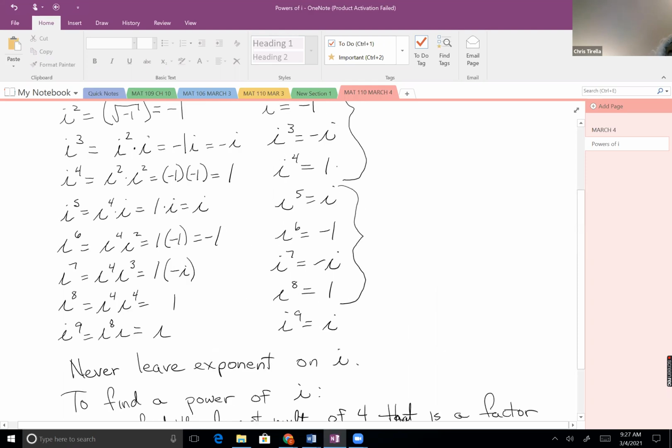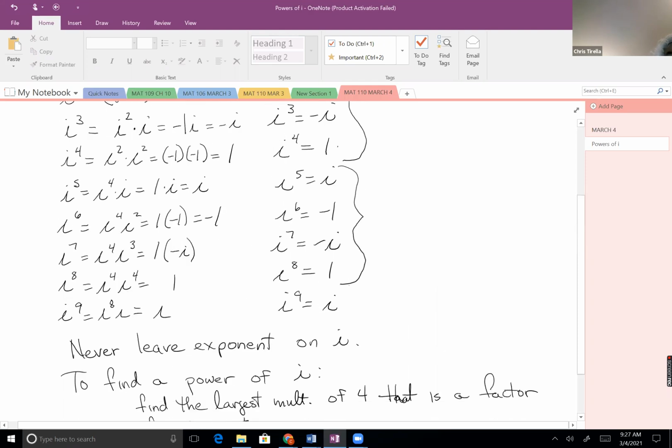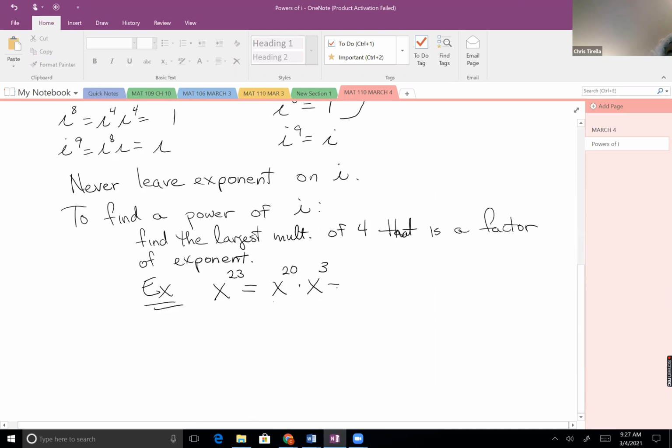And i to a multiple of 4 will be 1. I'm sorry, I have to totally apologize. These should not be x's, they should be i's. i to the 20th will be 1. i to the third will be -i. And so that gives me -i. So I guess we don't want it to be a factor. We want the largest multiple of 4 that is less than the exponent.